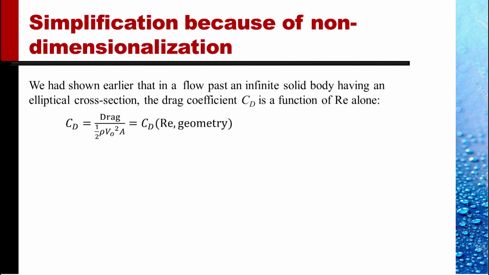And this was a function of Reynolds number and geometry. 1/2 rho V naught square is like the characteristic pressure, times the area would give you a force. So drag divided by 1/2 rho V naught square times area. We have to select a characterizing area.